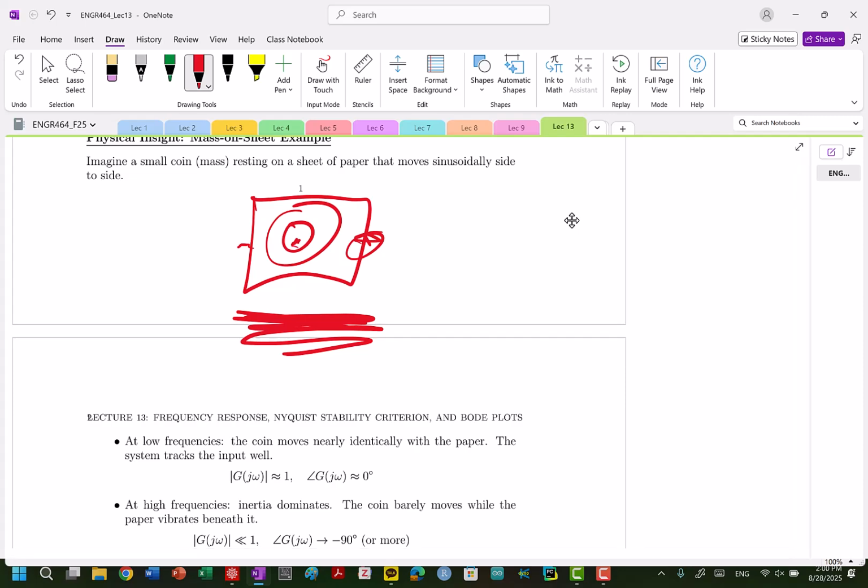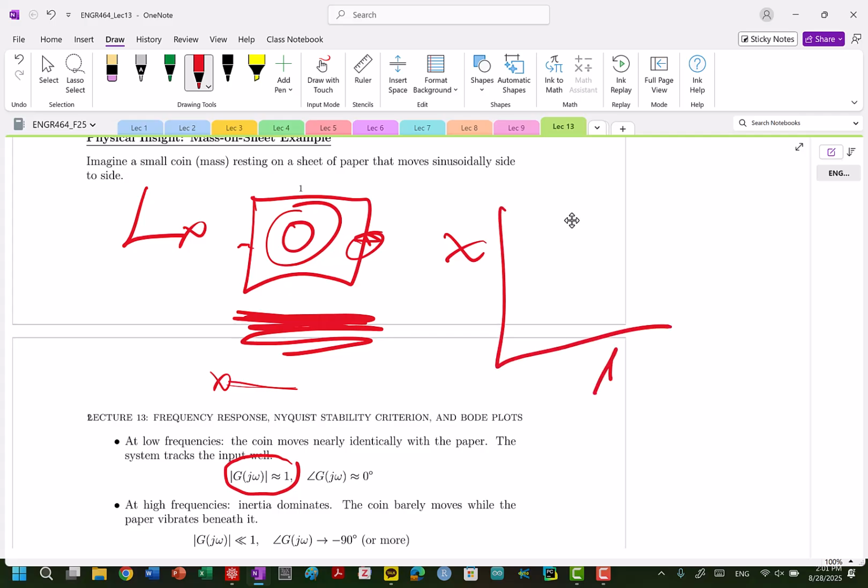the actual position of the penny or coin is going to track really well with the paper. So our magnitude is going to be quite large. If we were to track the position of the coin in time, it would go up and down, left and right, positive, negative, et cetera, and there wouldn't be any phase lag with the paper.